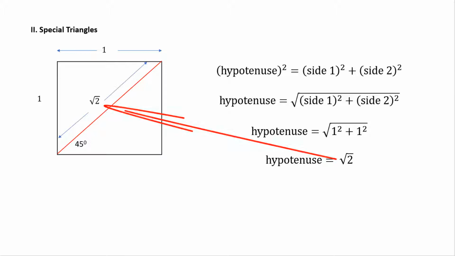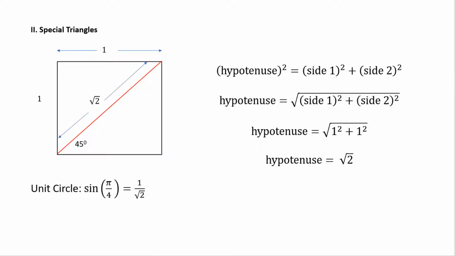Now let's check the ratio against a unit circle trig function of value theta equal to pi over 4. The sine of pi over 4 is also the sine of 45 degrees. With the unit circle, the sine of 45 degrees, or the sine of pi over 4, is defined as 1 over the square root of 2, with the denominator rationalized, the square root of 2 over 2.